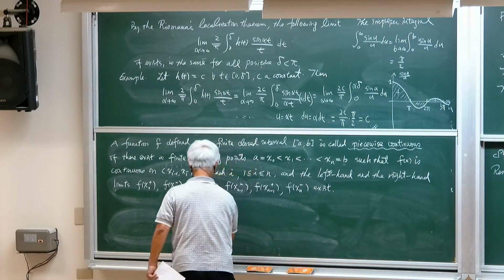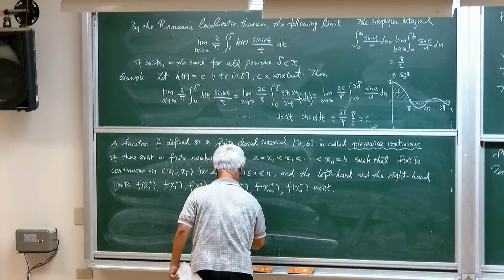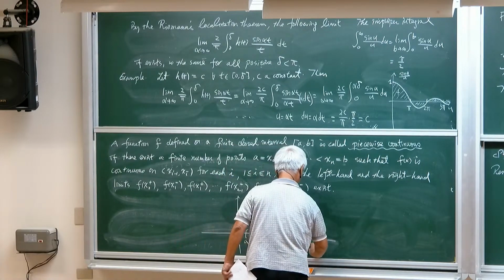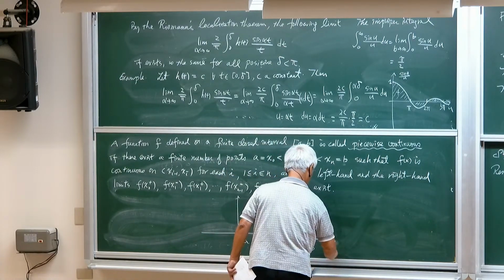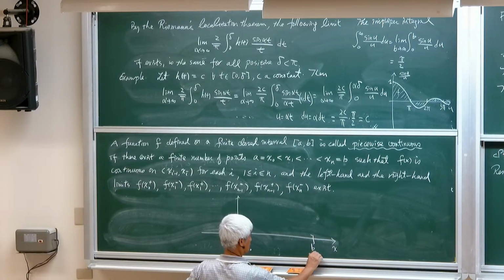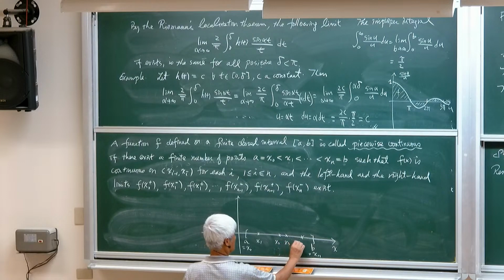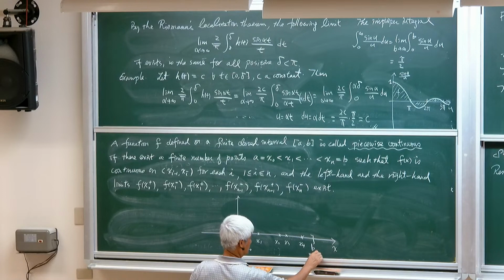Okay, so an illustration of a piecewise continuous function on AB. A is equal to x0 and B is equal to xn. So we can find, say here, x1, x2, x3, x4, and B is x5, for example.